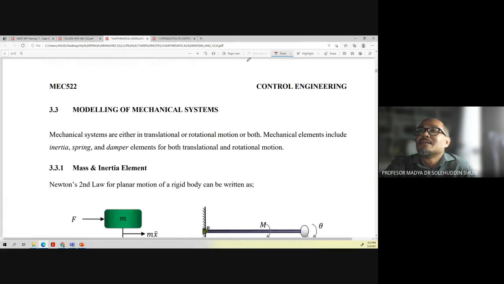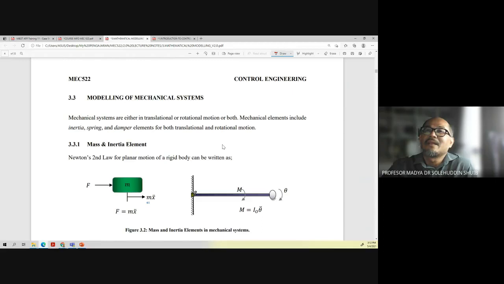Now we proceed to 3.3. Since all of you are going to be mechanical engineers, I think you are already familiar with the mechanical system, having been exposed to it in previous subjects like statics, dynamics, and vibration, in theory and practice.